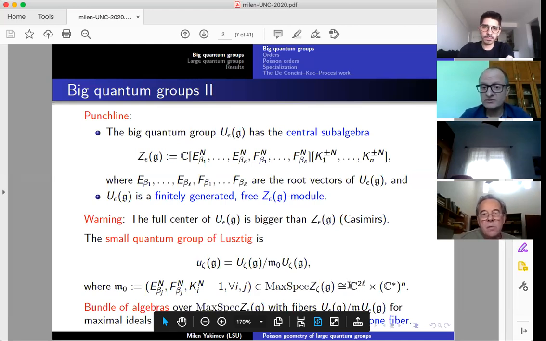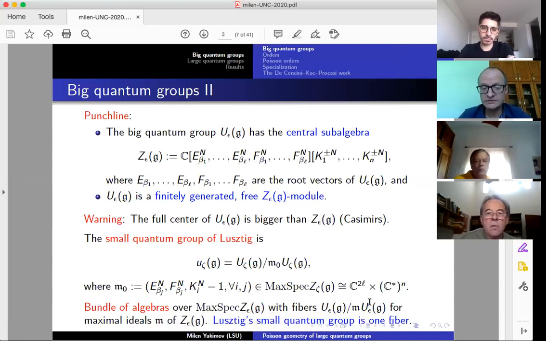That maximal spectrum is nothing but an affine space times a torus. And to every such maximal ideal, we can associate this finite dimensional algebra. So in other words, we have this bundle of finite dimensional algebras.